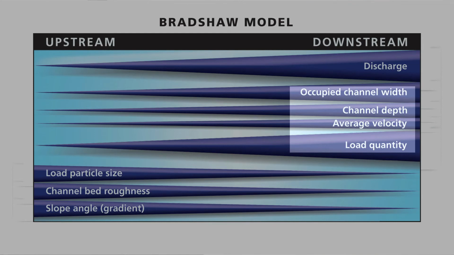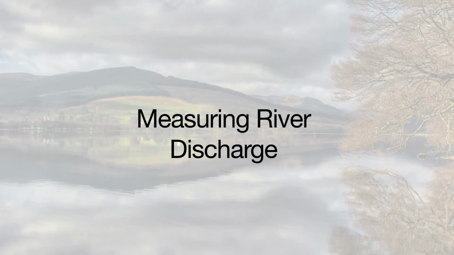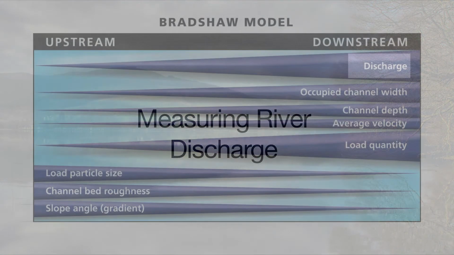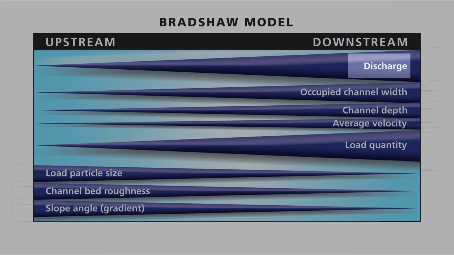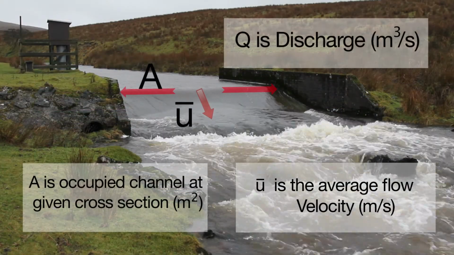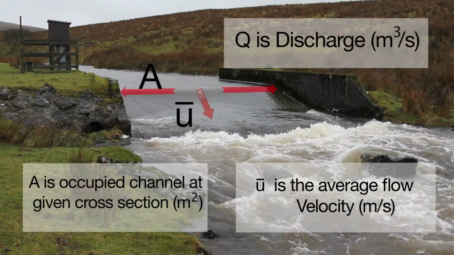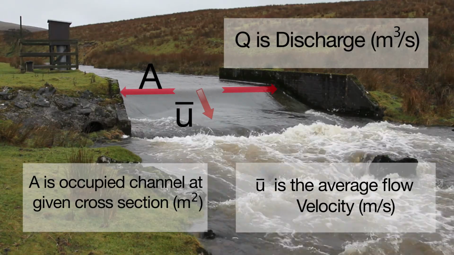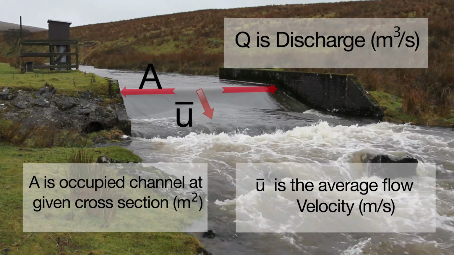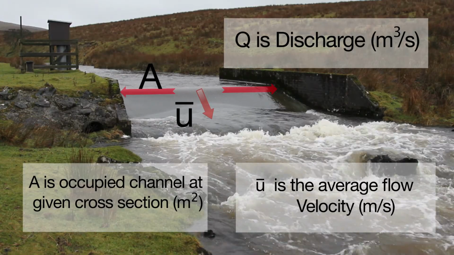Load quantity, because of the sheer size of the river, it can actually carry more material. Discharge is measured by flow in metres per second multiplied by the amount of water occupying the cross-section of channel in metres squared to give cubic metres per second. These are known as cumecs.